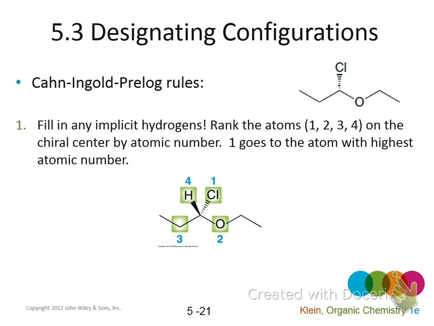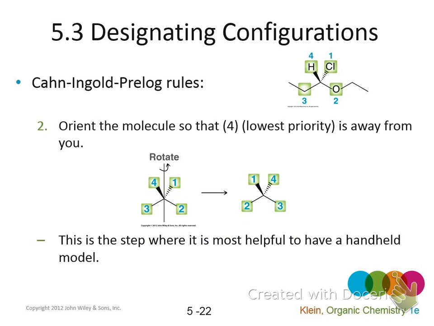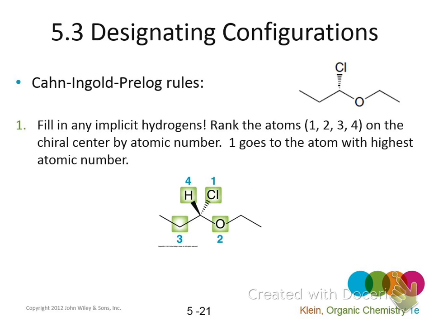Now I'm going to teach you 2 ways to deal with this. One is just to redraw the molecule. Okay? So if you're going to redraw the molecule, and this takes time, right? If you're going to redraw that molecule, you have to draw the enantiomer. So you could draw the mirror image, okay? Well, actually, I'm going to teach you 3 ways to do it.